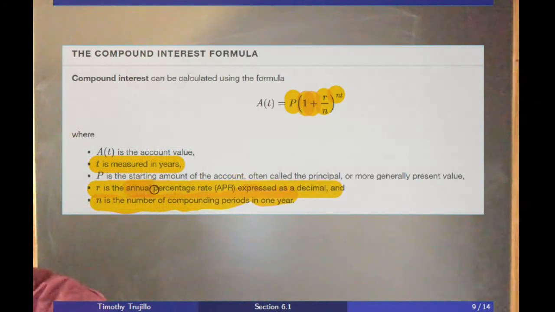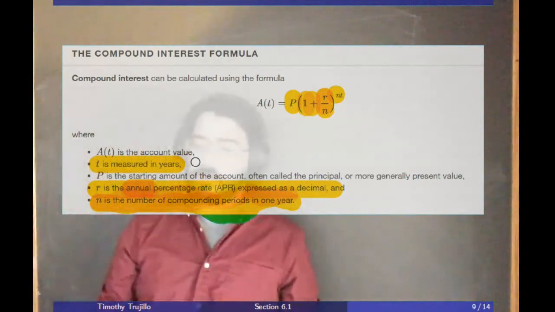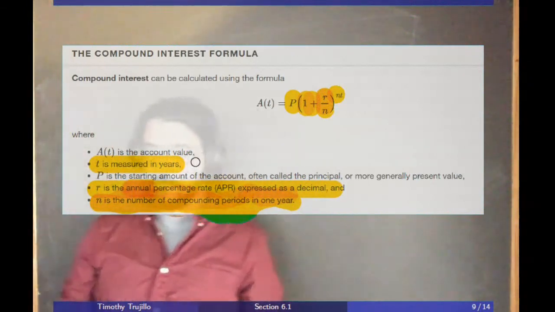So it's the percentage interest that you would charge if you compounded over an entire year. But if you're going to compound more than once in a year, that's what this value of n is. So n is the number of times you compound in 1 year, how many times you collect interest, then you have to divide the interest rate by n. And that's again because the r is typically given in terms of an annual percentage rate, an APR.